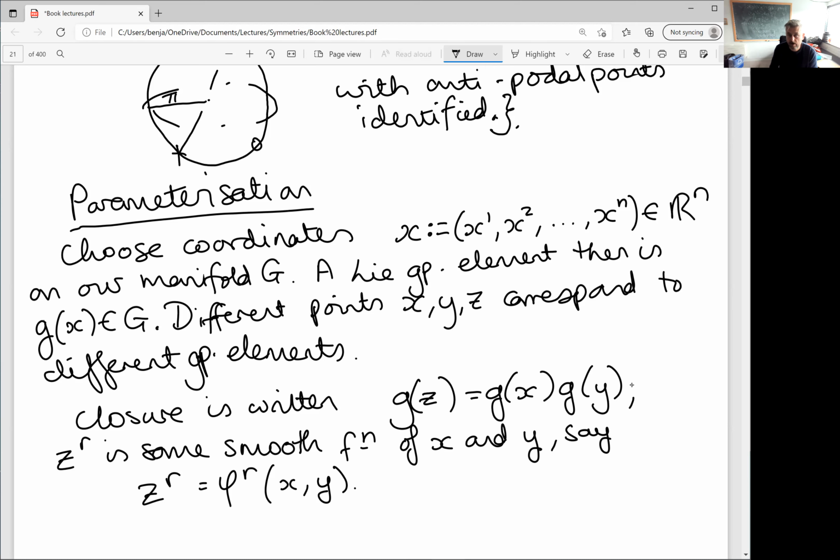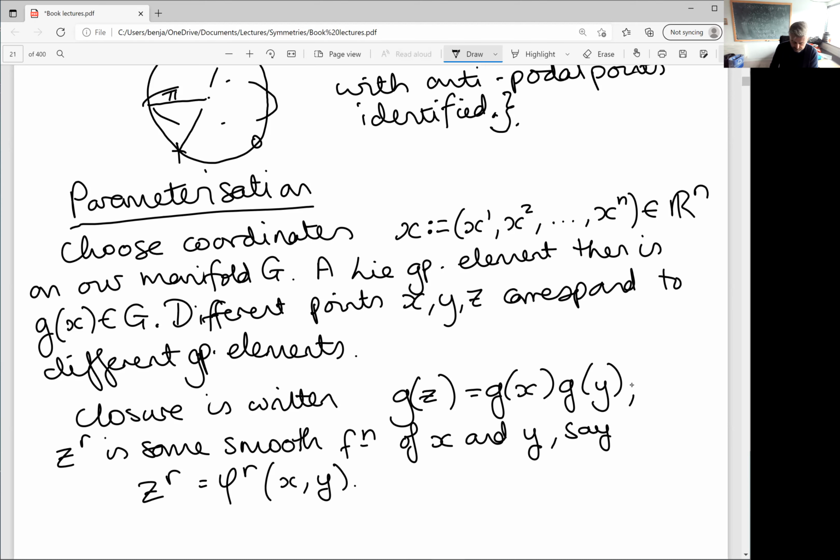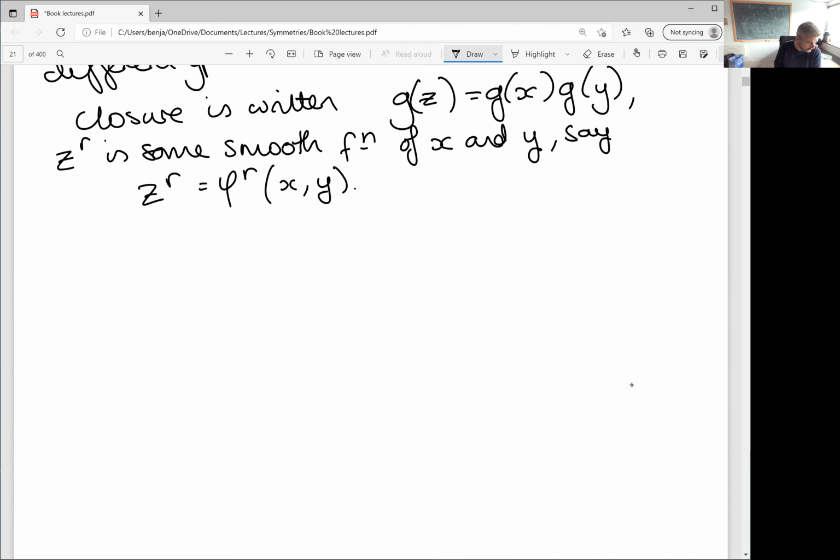Here we choose the origin of our coordinate system to be the identity. So g(0) is the identity e.